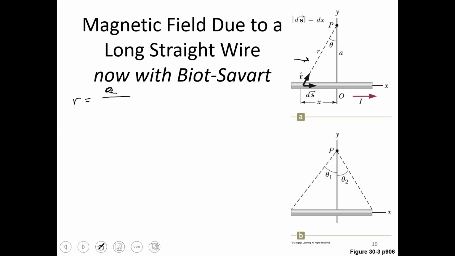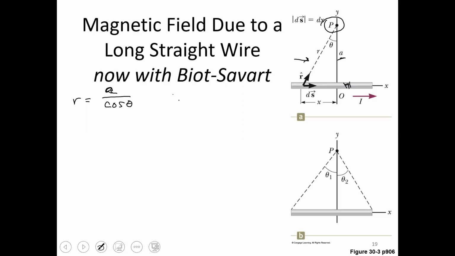So r is related to a, which just happens to be a constant location of the point where we're trying to measure our magnetic field. So r equals a over cosine theta. And no matter where we move, right, if we move and look at the contribution of this little current element, that a remains the same. And cosine theta is the thing that's changing.